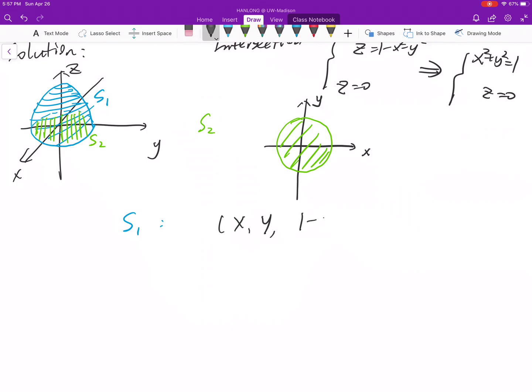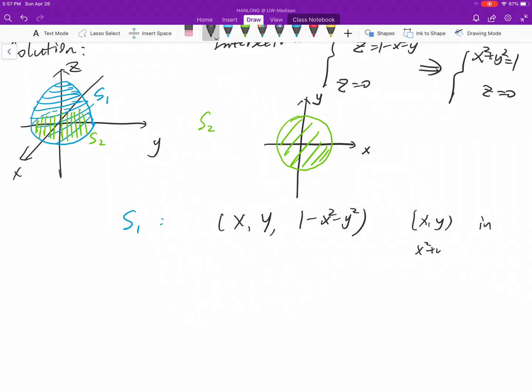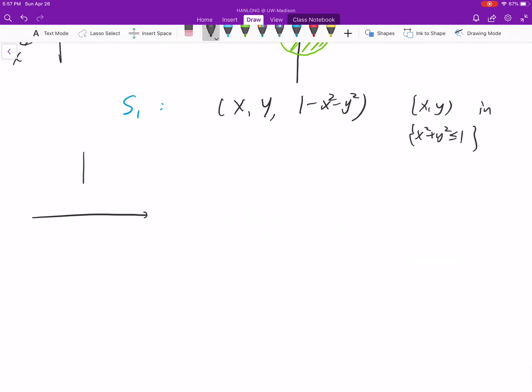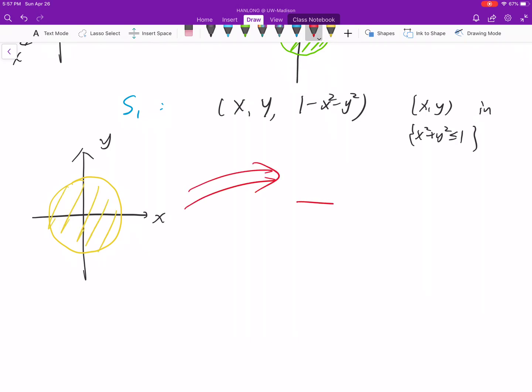x, y, 1 minus x squared minus y squared, and then xy is in the unit disk. So I would like to draw a picture. On this side, you also have x and y. But this is just a parameterized space.